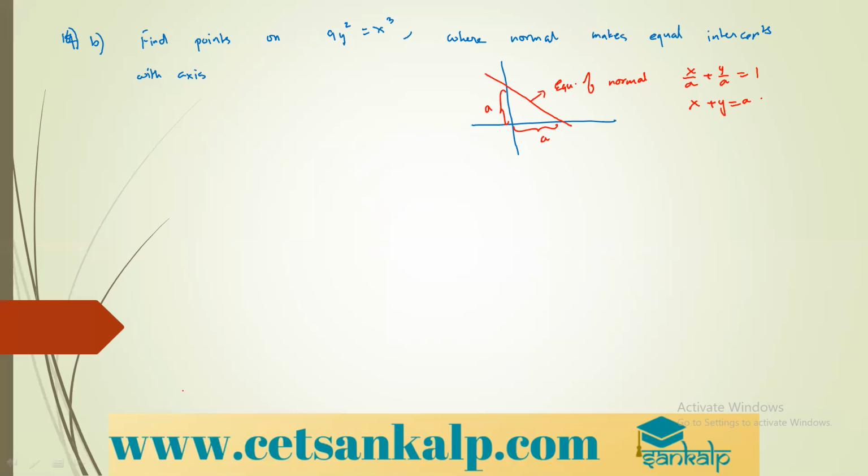Now we will find the equation. First of all, we don't know the point, but we can find the slope. 18y dy by dx equal to 3x square. Dy by dx is 3x square by 18y, that is x square by 6y.